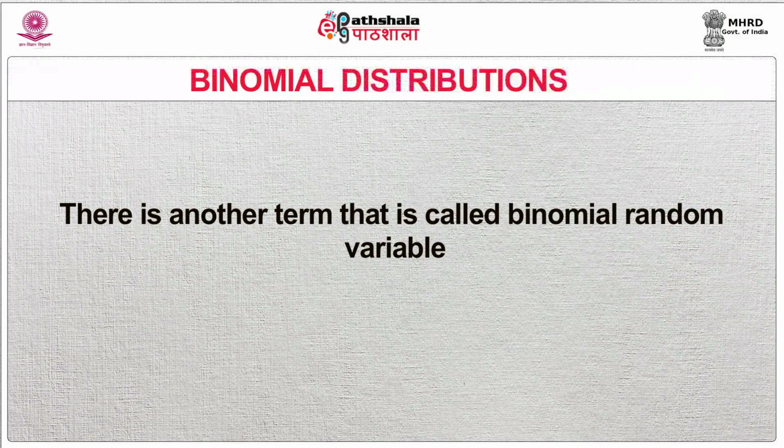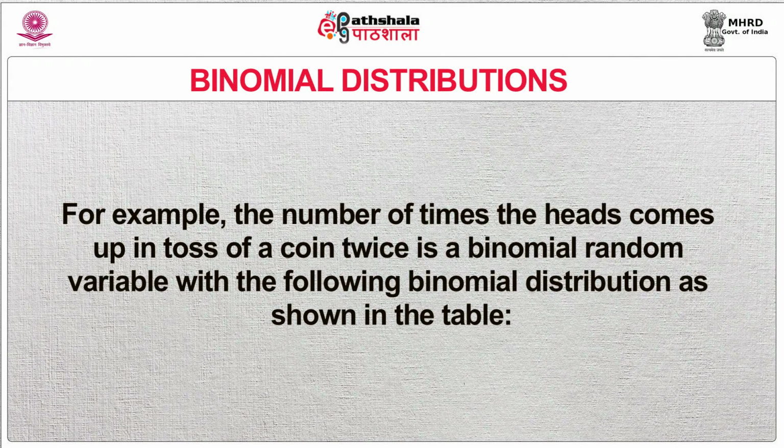There is another term that is called binomial random variable. It is actually the total number of successes or failures observed in a series of n independent trials, and the list so prepared from the count of successes or failures is termed as binomial distribution. For example, the number of times the heads comes up in a toss of a coin twice is a binomial random variable with the following binomial distribution as shown here in the table.